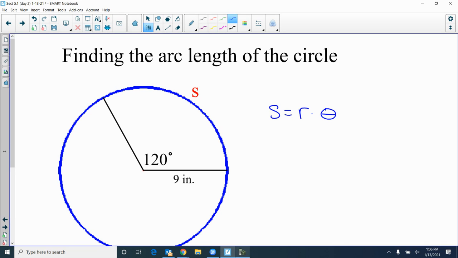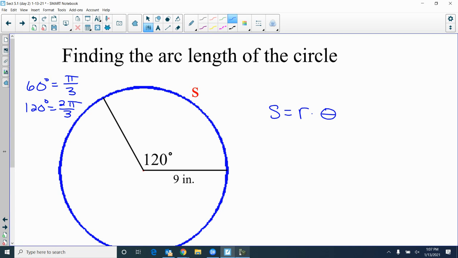All right, without using your calculators, just using your noggin, what's 120 in radians? I'll give you a hint, 60 degrees is pi over 3. 120 degrees, you multiply it by 2, should be 2 pi over 3.